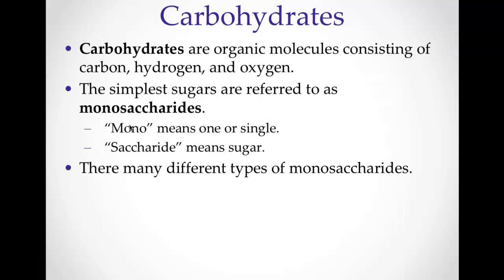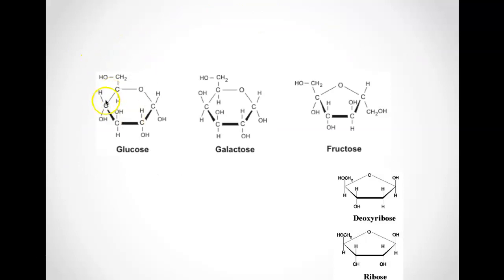And here are our examples. Glucose, so this is one ring. And if you counted up all the atoms, it would still be C6H12O6. Then galactose, fructose, and two others: deoxyribose, which is the sugar that's actually found in DNA, and then ribose, which is the sugar that's found in RNA.